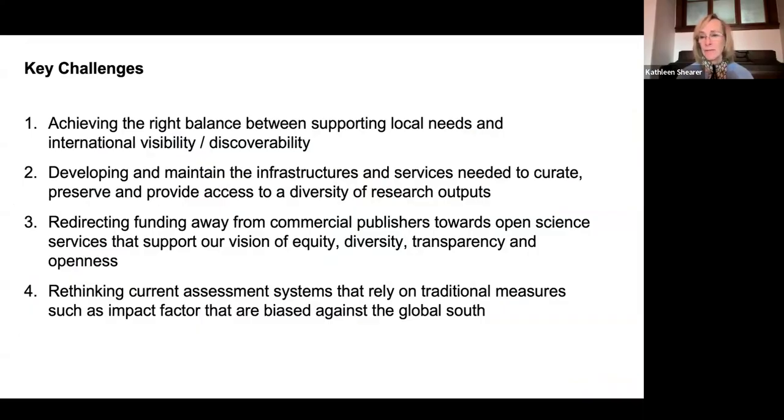How can we redirect funding away from the commercial publishers towards local infrastructures that support our needs? And how can we change the current research assessment and evaluation systems, which really incentivize publishing in those prestige journals?